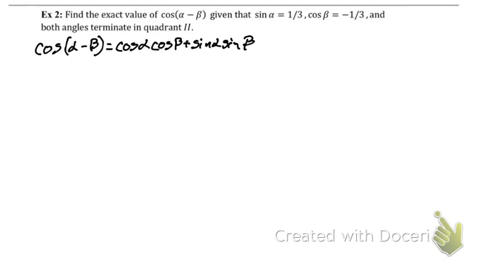Then we're just going to plug in what we know and what we don't know. Well, we know sine of alpha equals 1/3, and we know cosine beta equals negative 1/3.